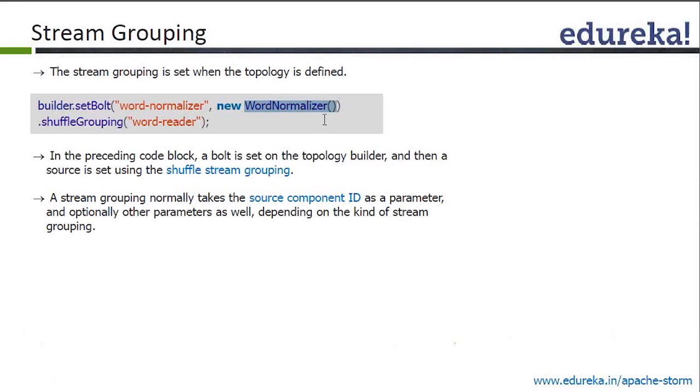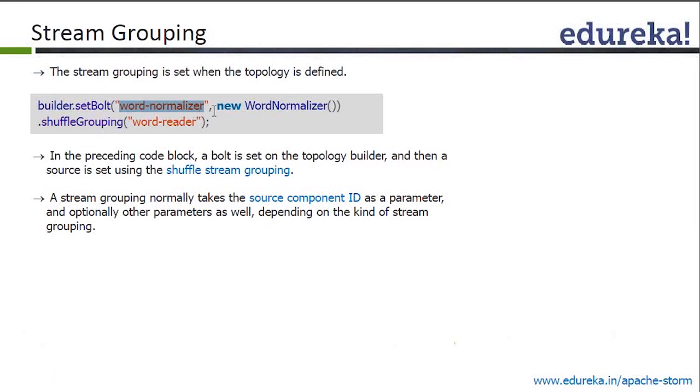It is just a name of a bolt, an alias. Storm allows you to give unique IDs or aliases, but it is the responsibility of the coder to keep these names unique within a topology. Not across topologies, but within a topology, the names should be unique, otherwise you will get an error.